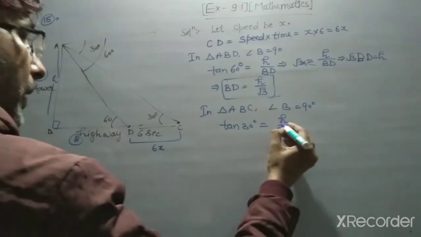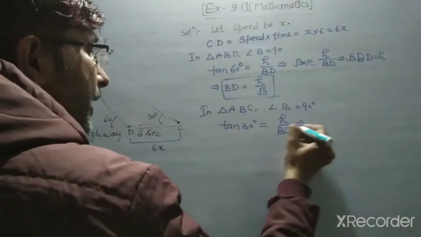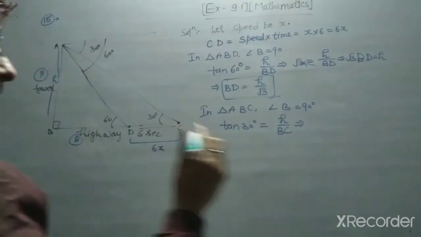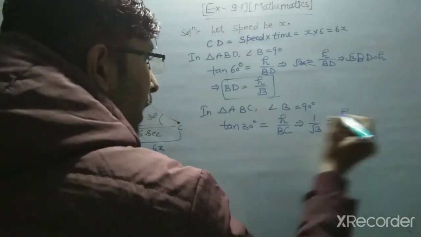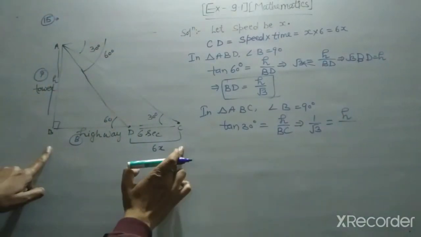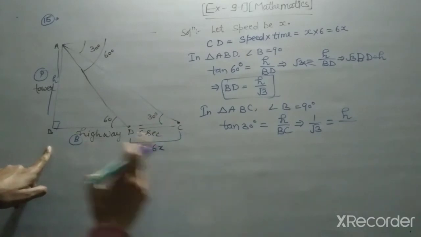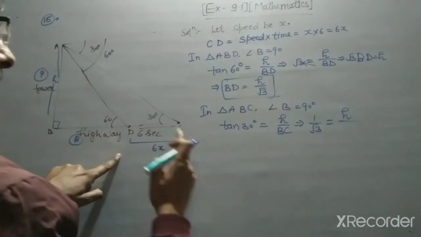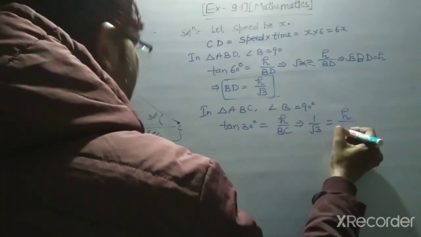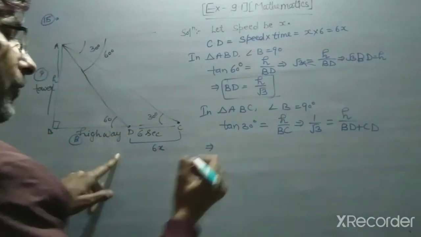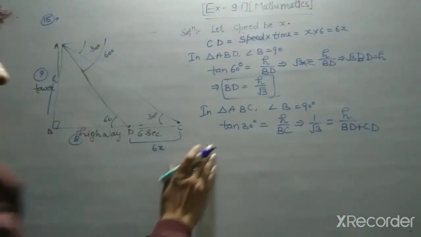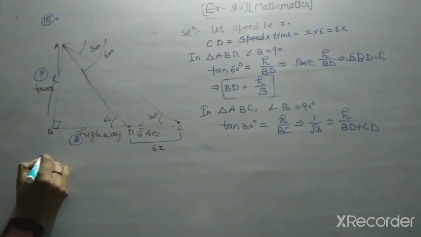So tan 30, which is 1 upon root 3, is equal to h upon BC. The value of BC is BD plus CD. So we write BD plus CD here, and then you calculate and find the answer with the help of this question.